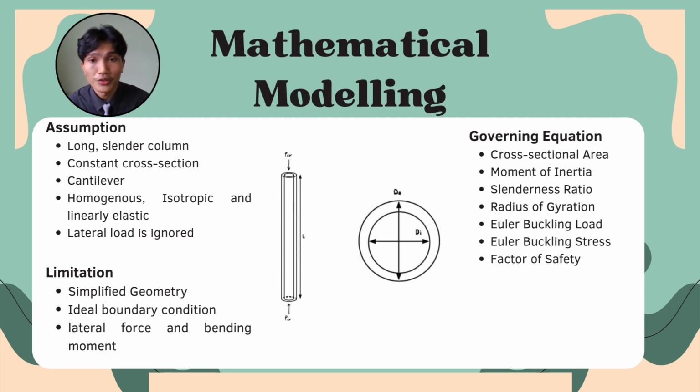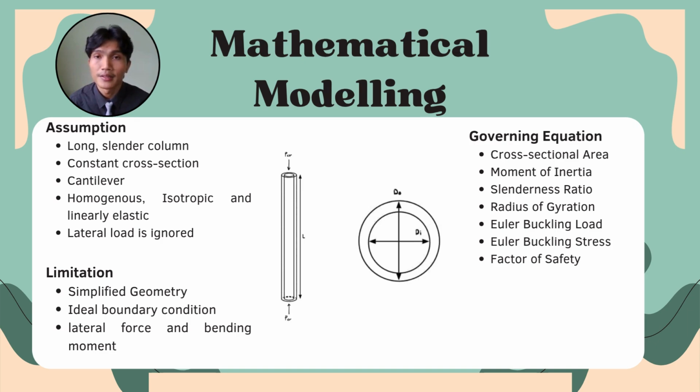For the governing equation, because we assume some of them, we apply the following formula. First, we calculate the cross-sectional area and the moment of inertia for the circular hollow column. Then, we determine the radius of gyration, which is used to compute the slenderness ratio.